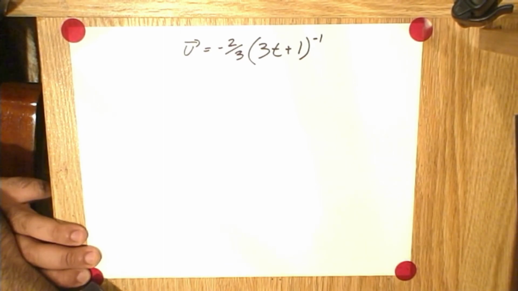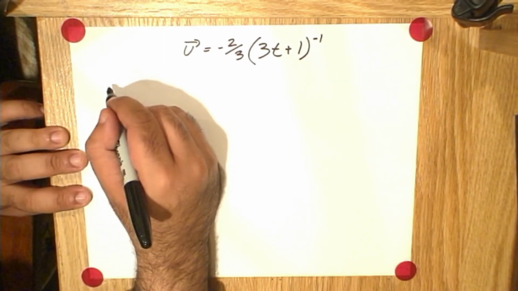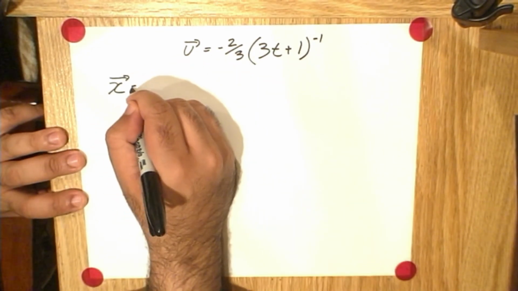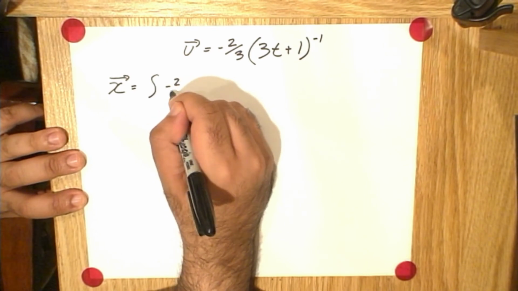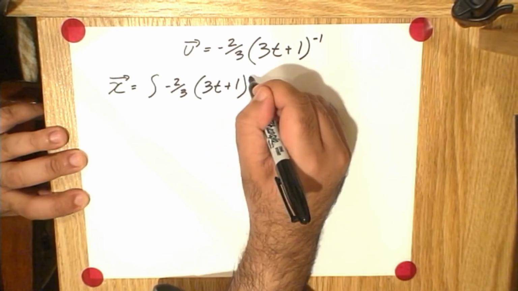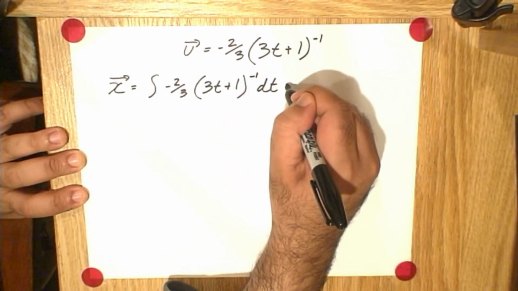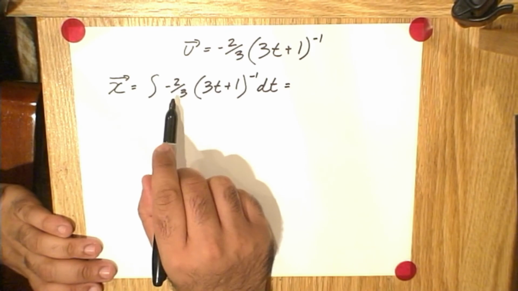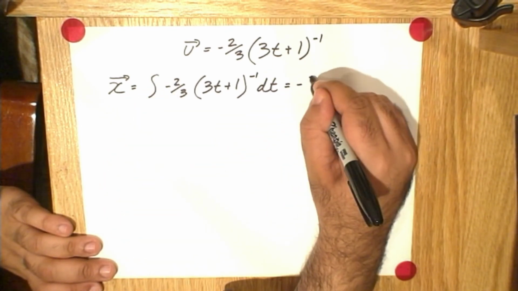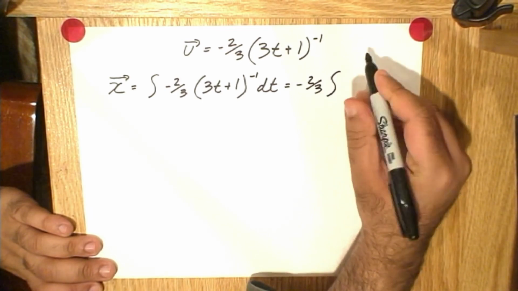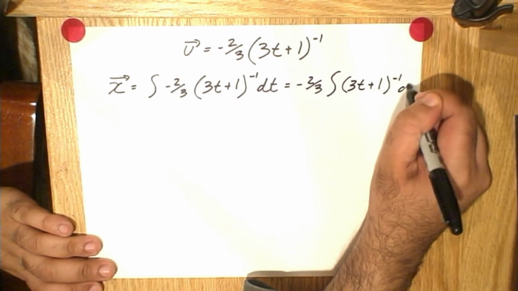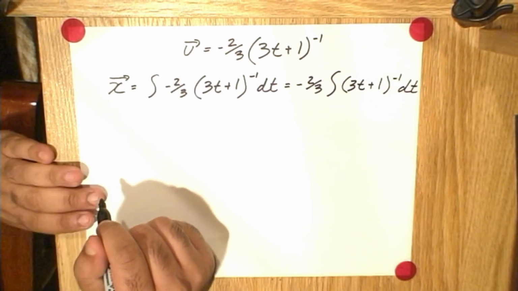Now, let's work out what the position is. We need to take the integral of the velocity. Again, the constant term out front can be taken outside the integral, and we're left with the integral of (3t + 1) taken to the negative 1 power dt.